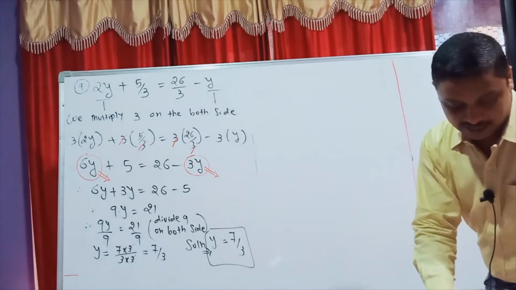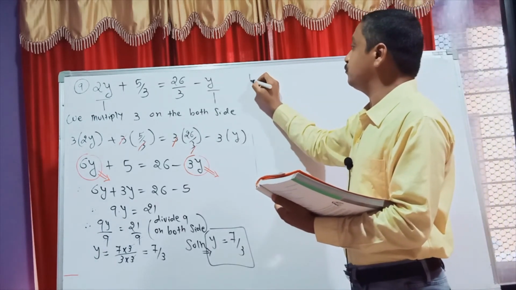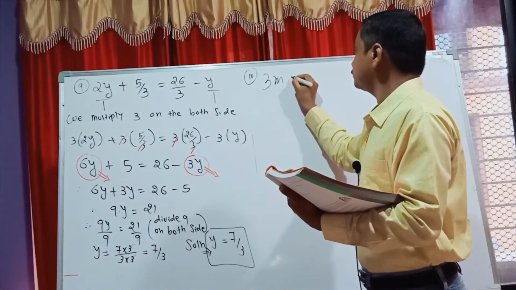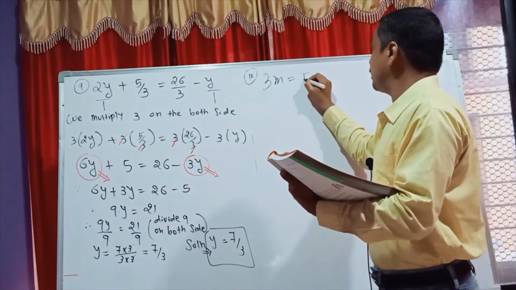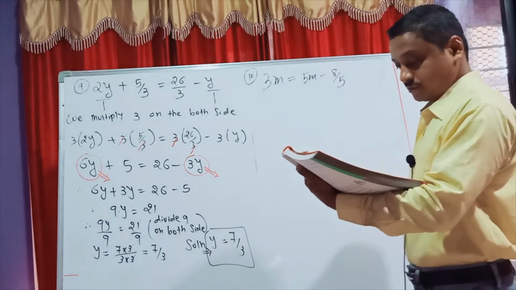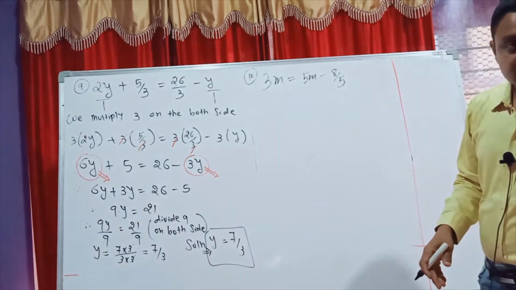Same, I go to question number 10, which is the last question for this exercise. 3m is equal to 5m minus 8 by 5. Students, here also the same.